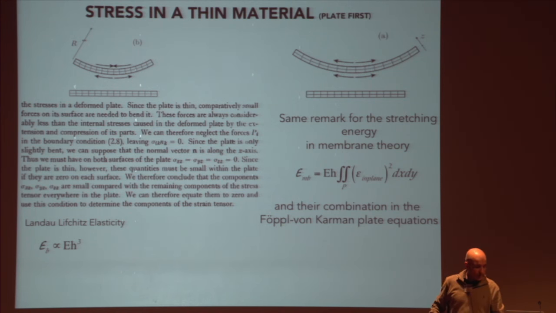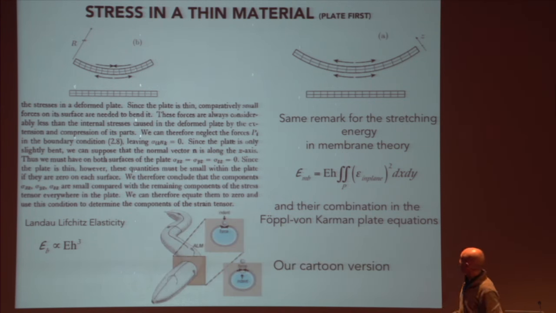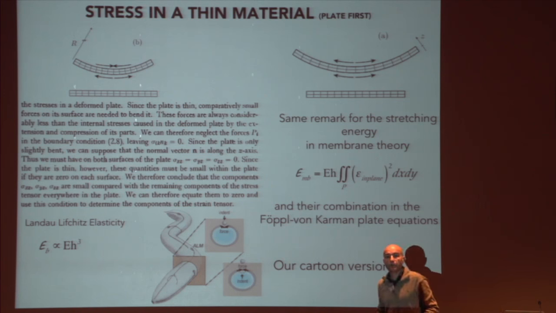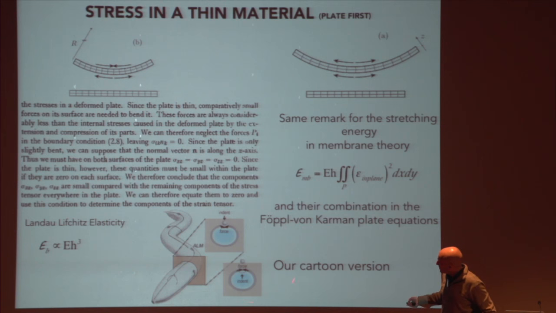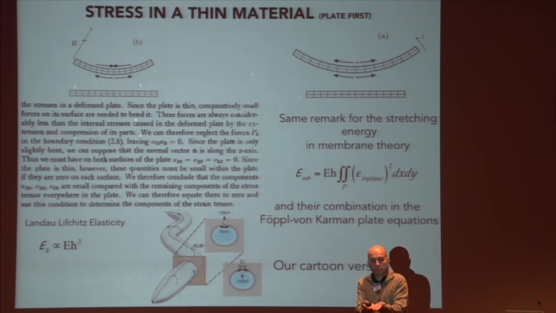Now, these two elements get combined together in the so-called Föppl-von Kármán plate equation. It's an equation that combines these two terms here. And so all this is solid physics. The cartoon version that we have for C. elegans in the paper is this one, where you indent, and you're going to get a force which is going to be in a certain direction.